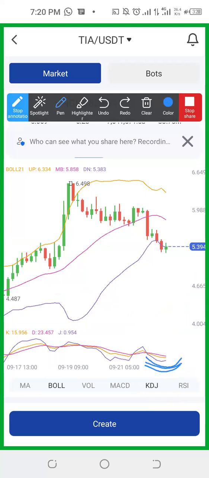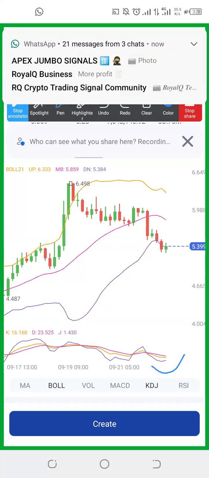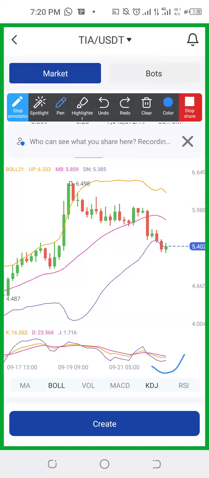The moment this blue line is attempting to curve up and cross over the 2 lines, then it's a sign to enter this coin as it is being shown now. A green candle is formed here, and that blue line is about crossing like this. So the moment it's pointing up like that, it's giving you a sign that you should enter this coin.